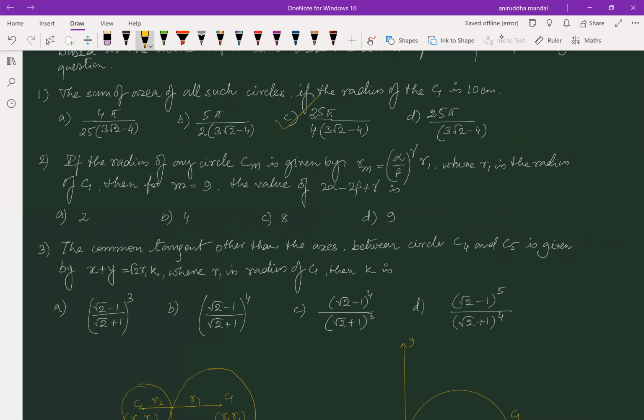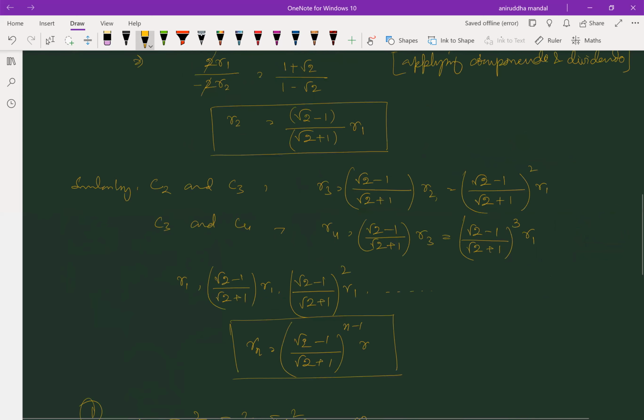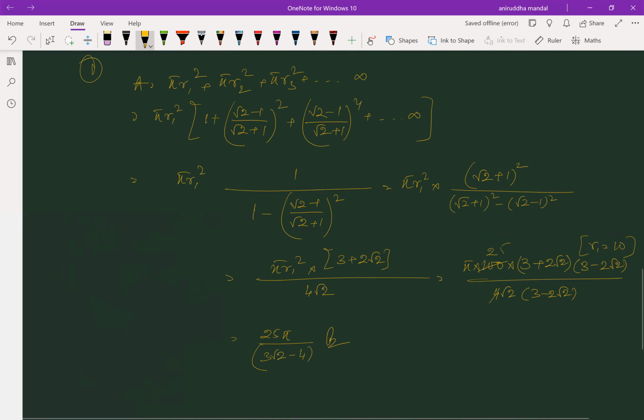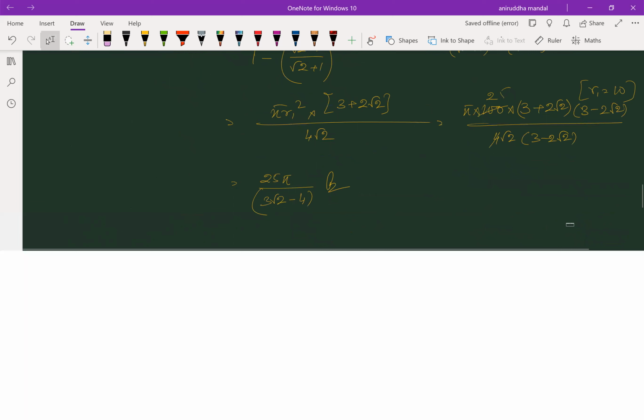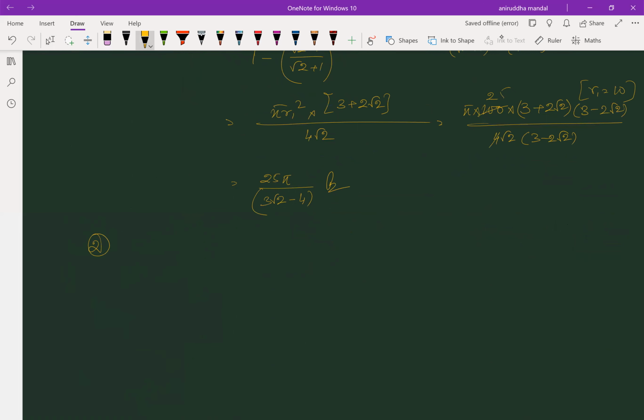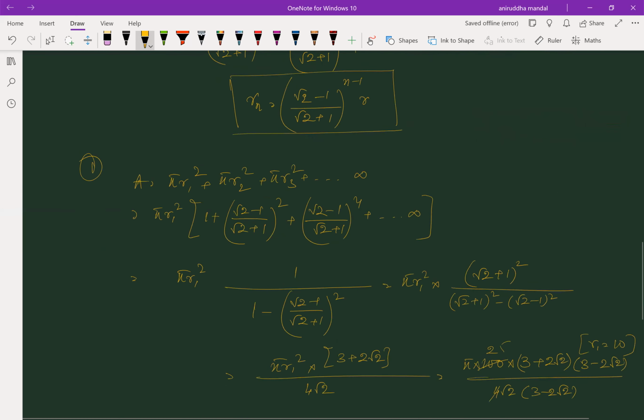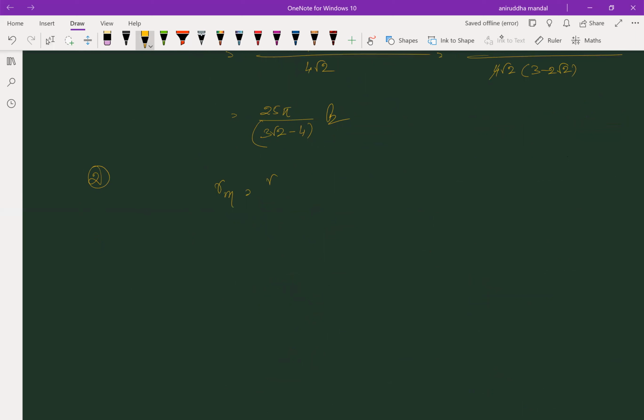Now second is, if the radius of any circle is given in terms of Rm as alpha by beta to the power gamma into R1. So we have already found out the relation. So let me write the relation once again. R of M as root 2 minus 1 divided by root 2 plus 1 to the power m minus 1 into R1, and in our problem it is given as alpha by beta to the power gamma R1.